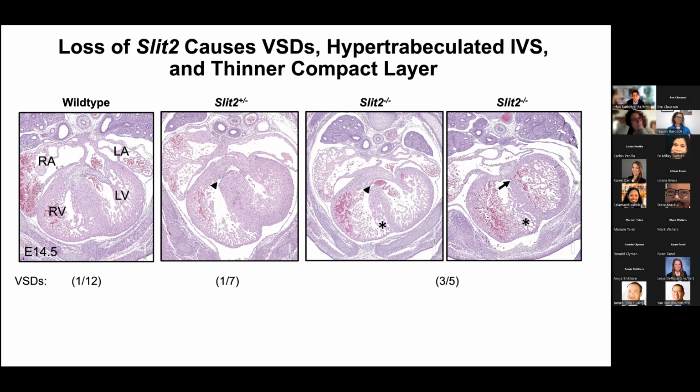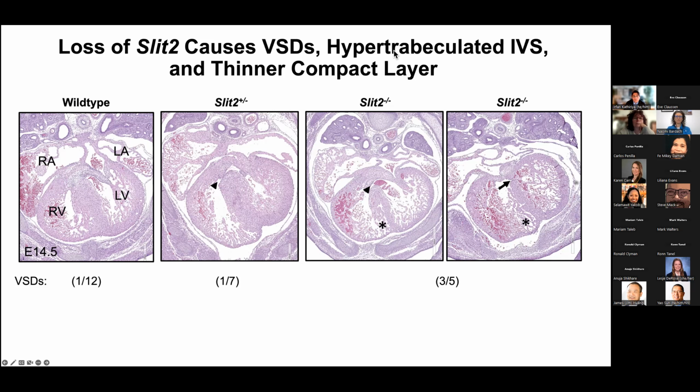But I agree that I wouldn't necessarily say that's related to VSDs or what you're proposing TBX is responsible for. It doesn't really look like the pattern, and it doesn't look like it would meet the criteria for non-compaction.